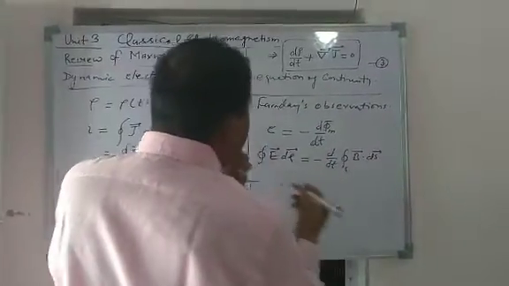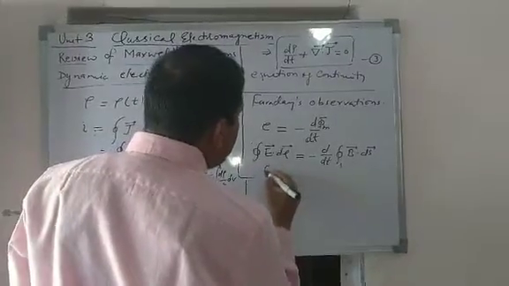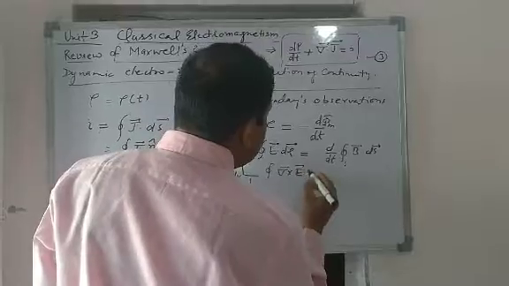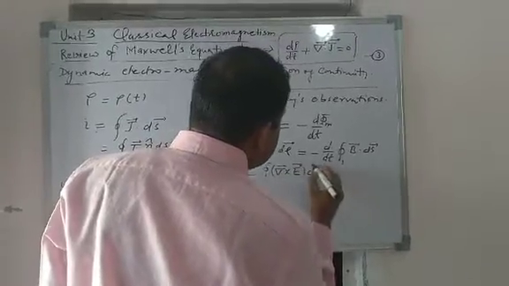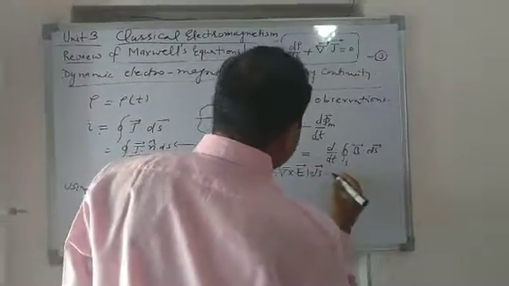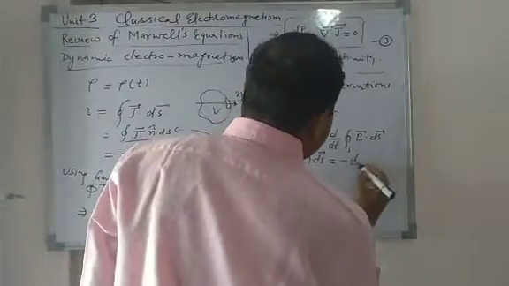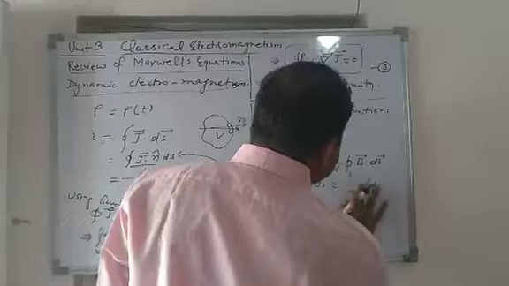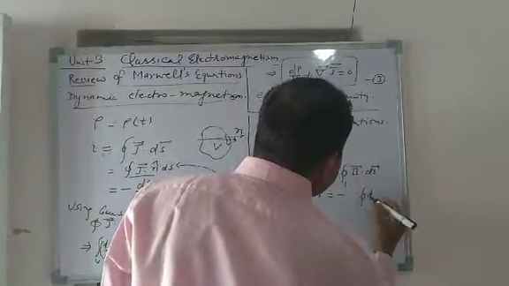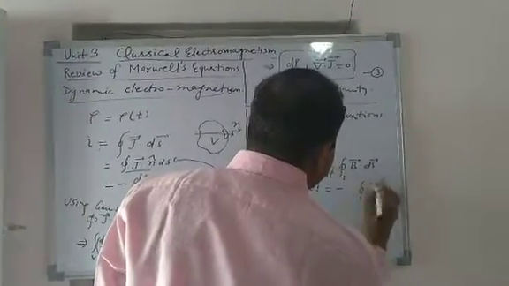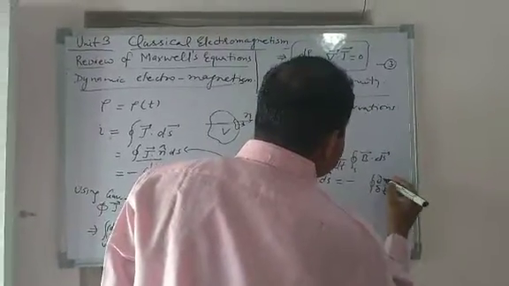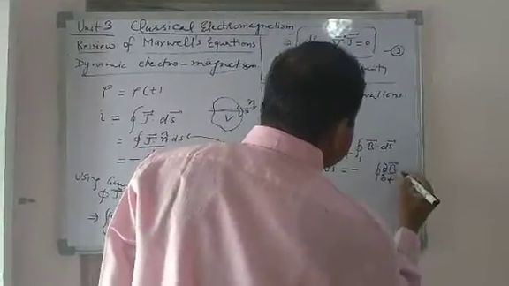Now, if we apply Stokes' law, we could write this as the integral of del cross E dS equal to minus d by dt of B, and once again this is the only time varying thing, so this is going to be del by del t because B depends on other things as well.